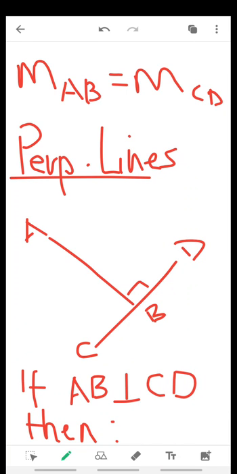However, if I have perpendicular lines, please don't confuse these two. Parallel lines have equal gradients. For perpendicular lines, what is going to happen?